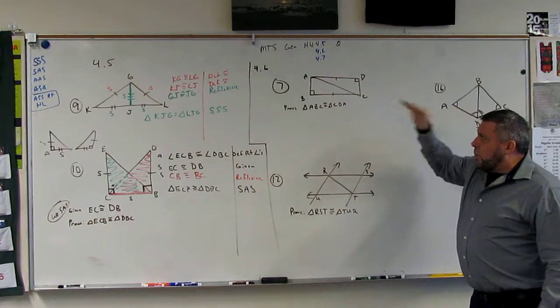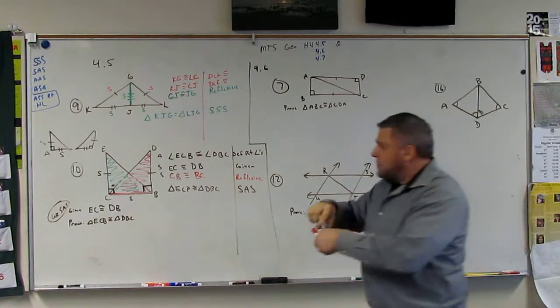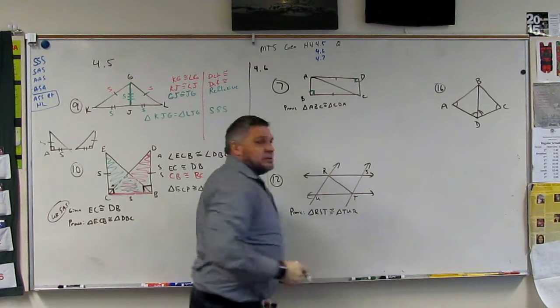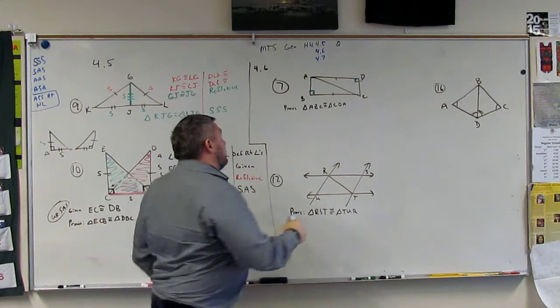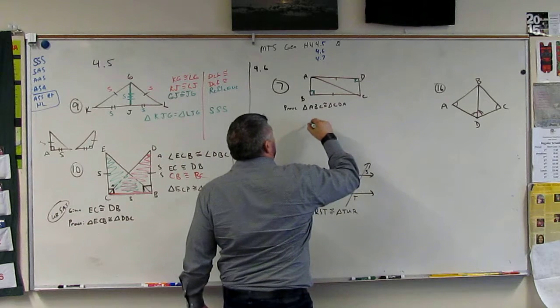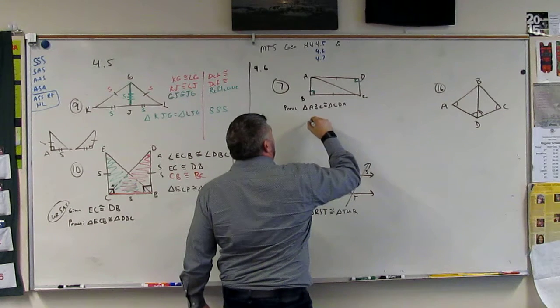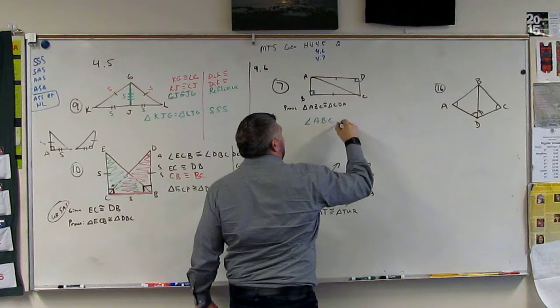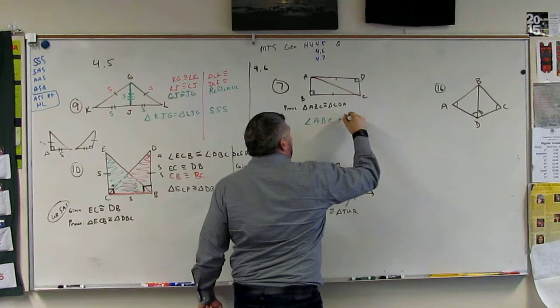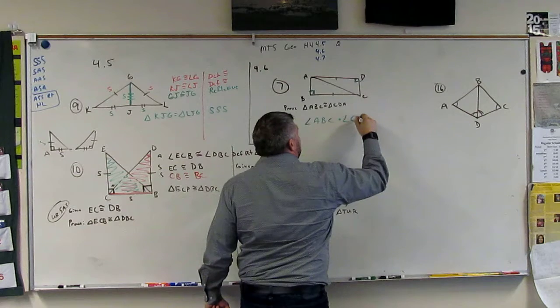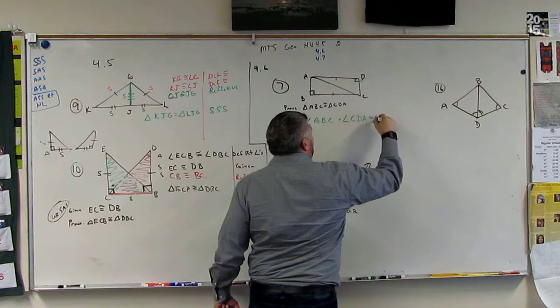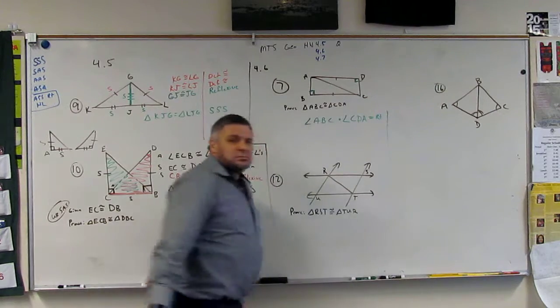And so what I know is, I know that this is a right angle, correct? So I know that that angle ABC and angle CDA are right.